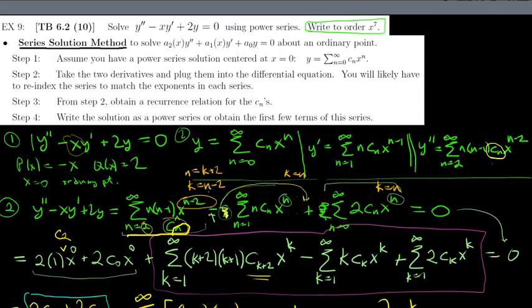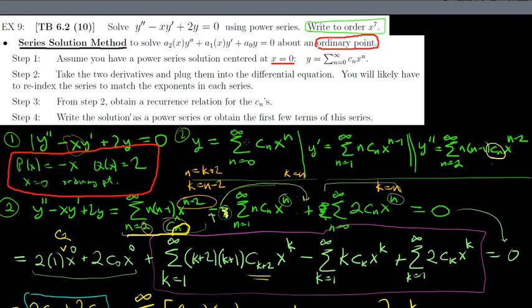That's 6.2. Again, remember, this is the series solutions method, and you have to have an ordinary point. So our x equals 0 here, we established that it is an ordinary point. If it's not an ordinary point, then this method may or may not work.